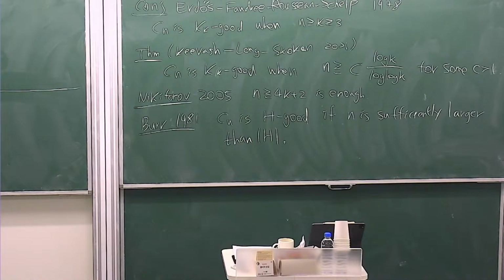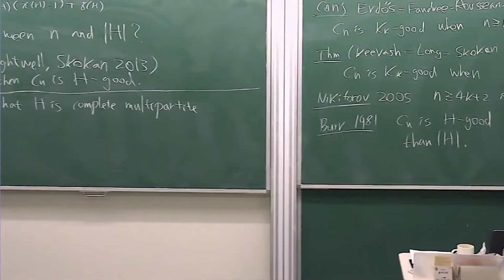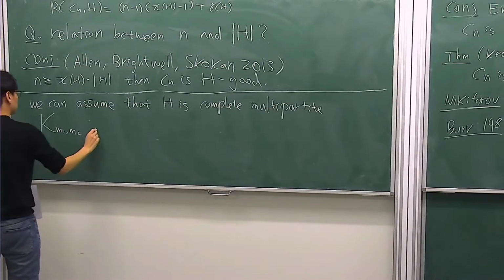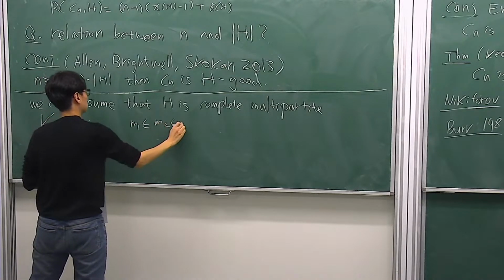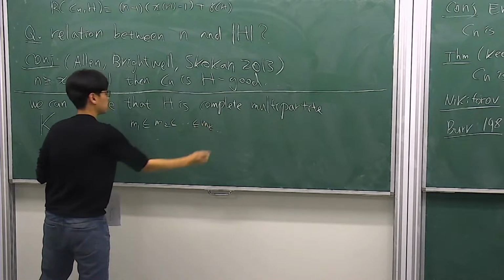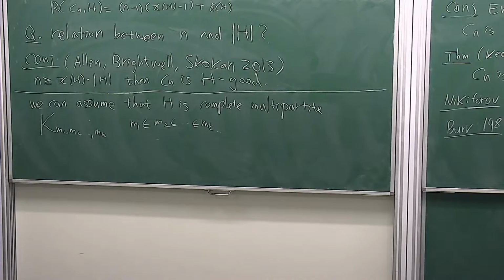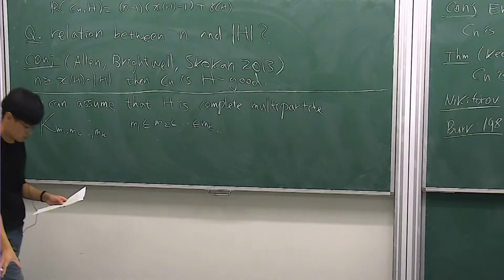So we can assume that H is complete multipartite, let's say K(m_1, m_2, ..., m_k), where m_1, m_2, ..., m_k are in order. So m_1 is the smallest one. m_1 is the sigma of H.